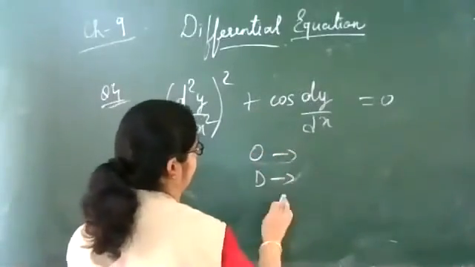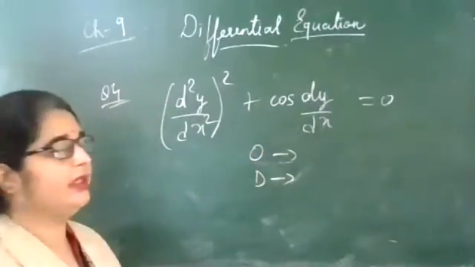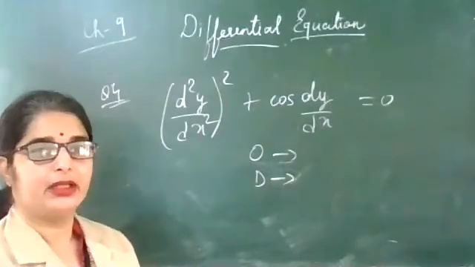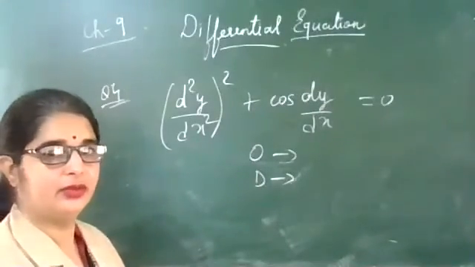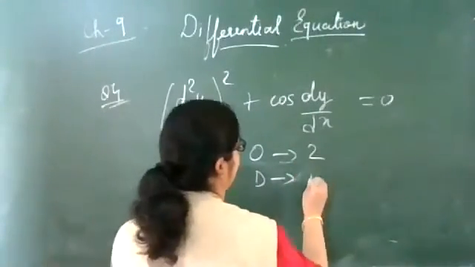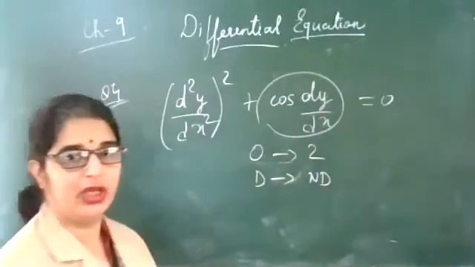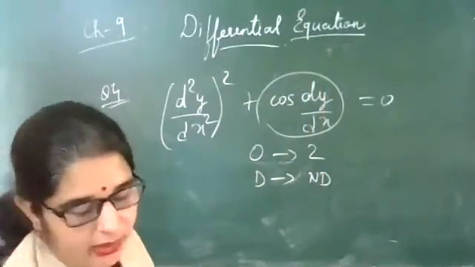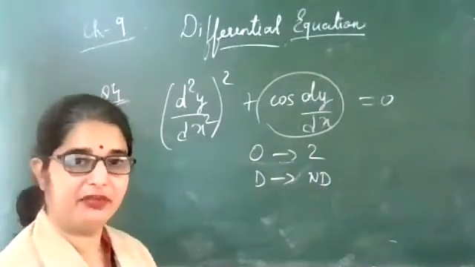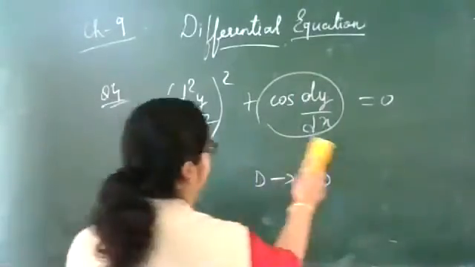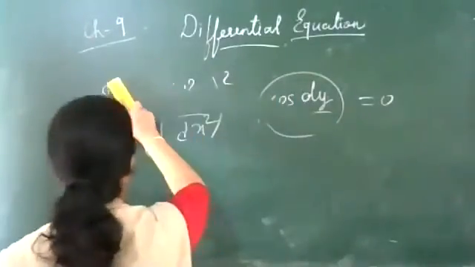You tell me now. What is the order and what is the degree? Ma'am, order is 2 and degree not defined. Very good. Why? Because it is not a polynomial equation. As it is having cos of dy by dx, it is not a polynomial in derivatives, so we cannot define it. Then number 5.